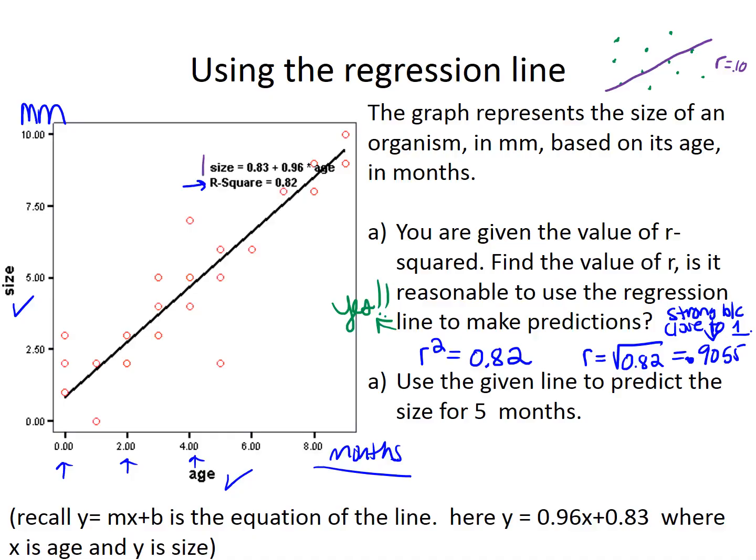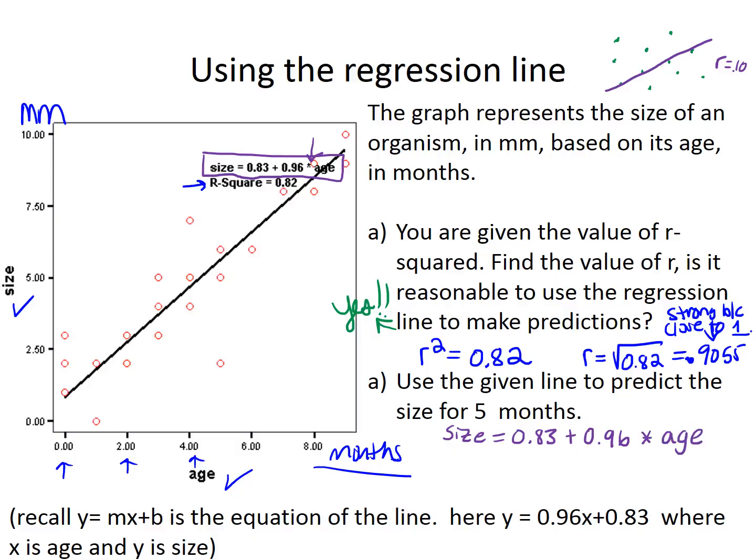It also gives you the line here, although it may not look like your traditional y equals mx plus b form. It tells you that the size is equal to 0.83 plus 0.96, and that asterisk up there means times the age.